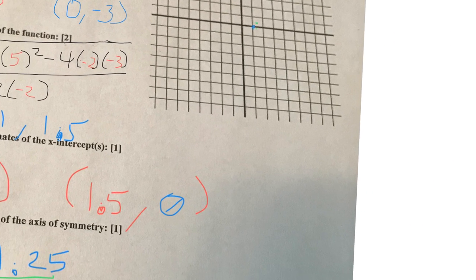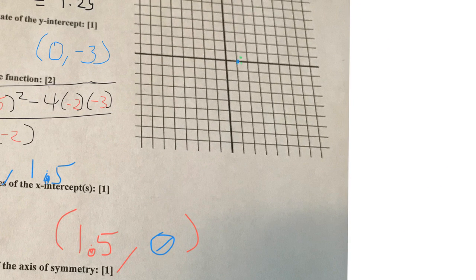So (1, 0) is clearly right here. And what was it again? (1.5, 0). Yes. Thank God for this zoom in feature, because (1.5, 0) is right here. So as you can see, it's very, very tight, right?